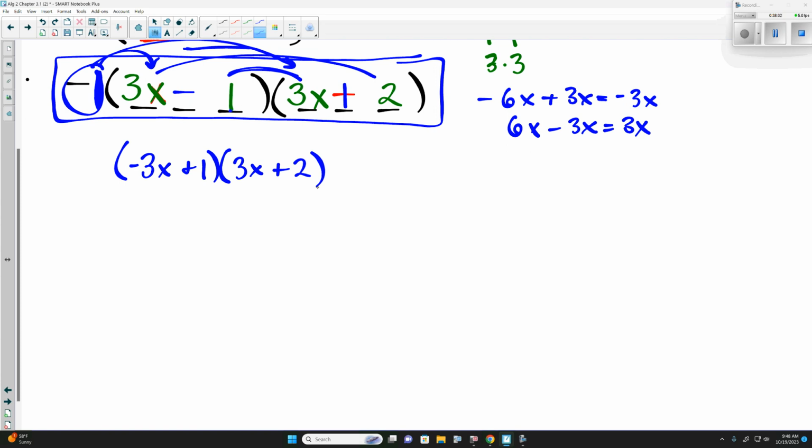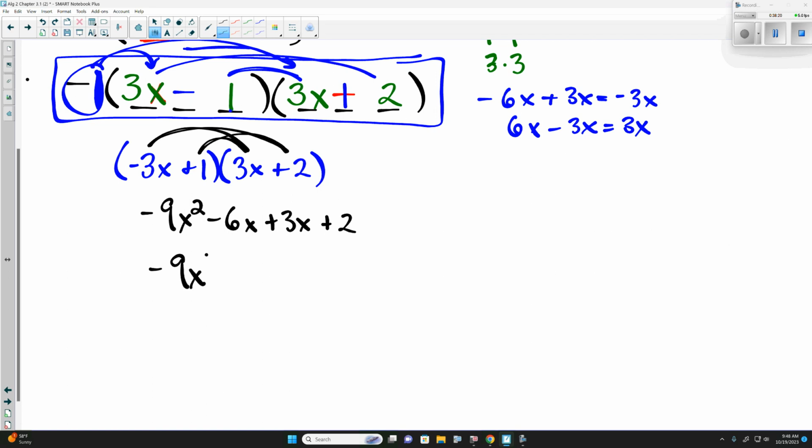Because this is the same thing. If we multiplied it out, 3x times 3x would be negative 9x squared. Negative 3x times 2 would be negative 6x. 1 times 3x would be plus 3x, and 1 times 2 is plus 2, which gives us negative 9x squared minus 3x plus 2.